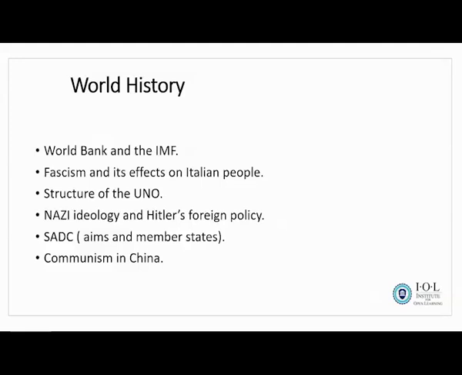So you should know what the World Bank offers to the people in the world, particularly in Africa, and also the IMF. IMF stands for International Monetary Fund. And the bank, many times students confuse this bank with the local banks that we have.